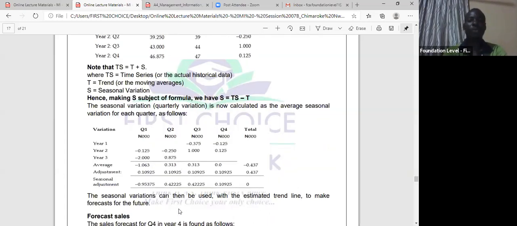Now what do you do? You find the average. How do you find the average? We will say minus 0.125. So there's a minus here again. So you say minus 2.125. Now you divide it by 2.